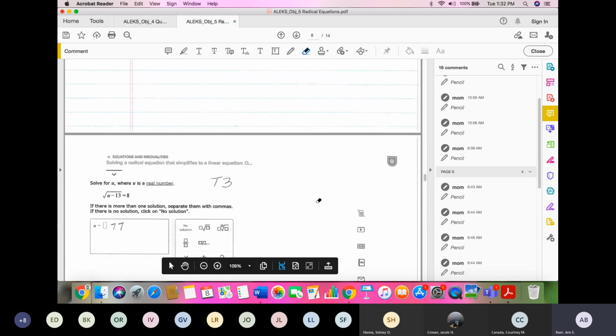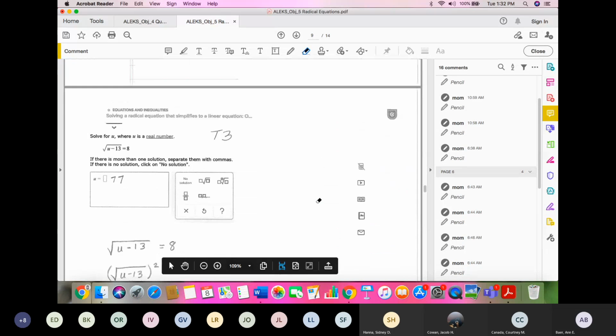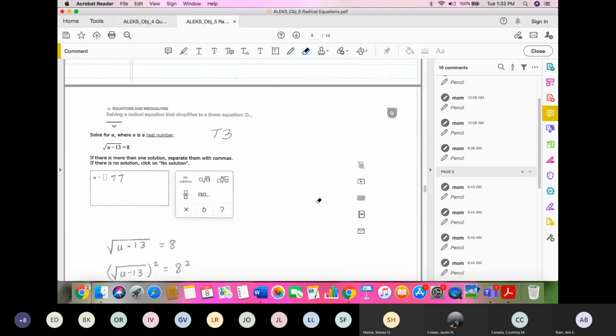Let's go and take a look at this. So we're going to start off slow here. We may not use all of our steps in our process for the first one, but we will before we're done. So we want to solve for u. We want to find the number we plug in for u, subtract 13, take the square root, and have it be equal to 8.